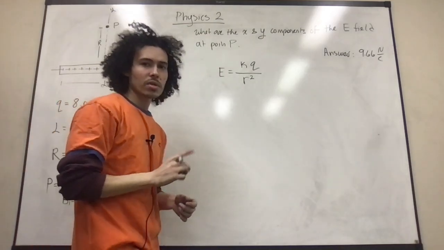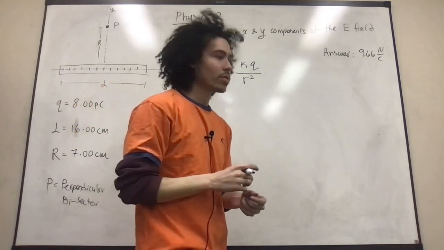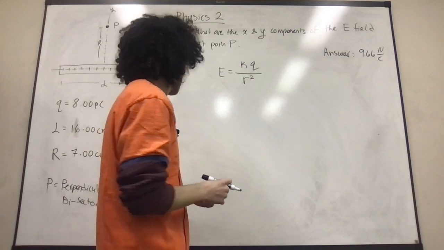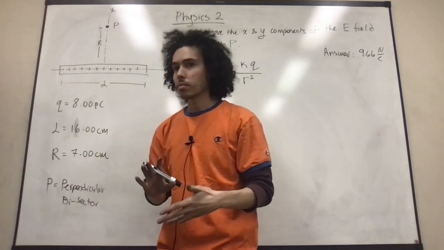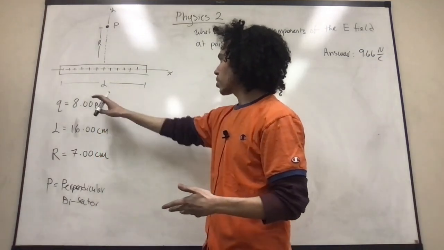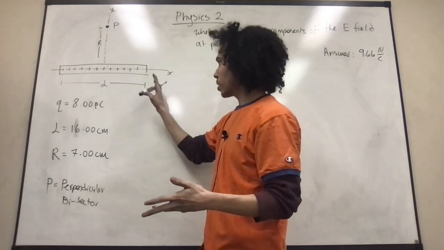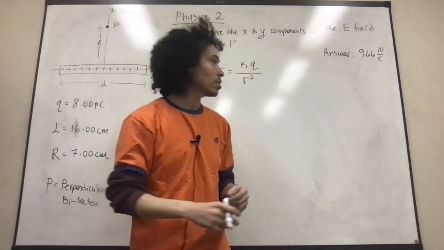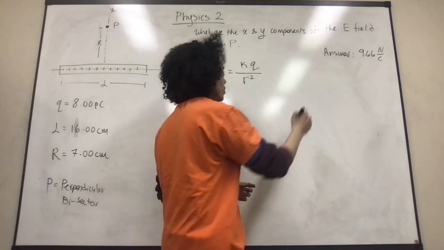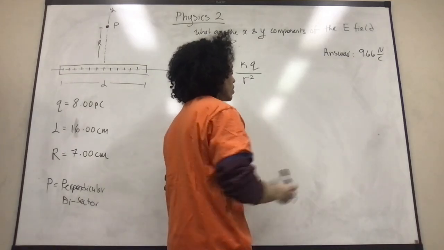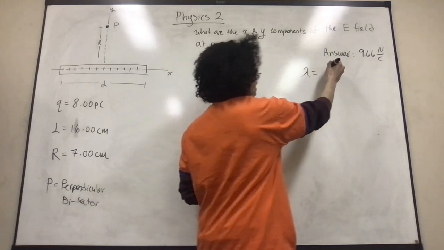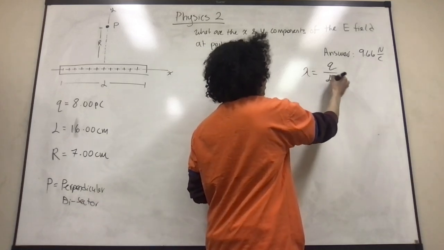With this problem it's also useful that the charges are evenly distributed through the rod. We can use the linear density, which is equal to Q over L.